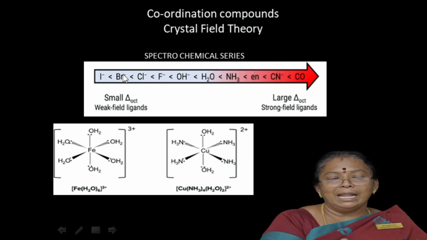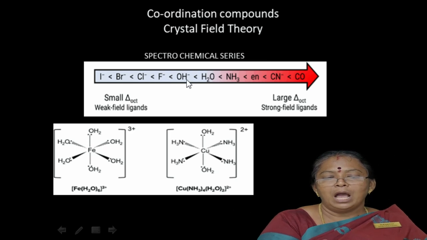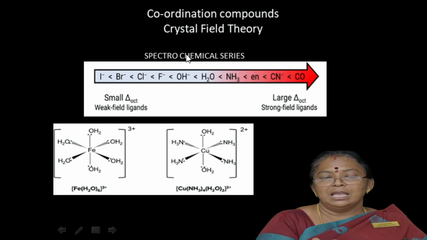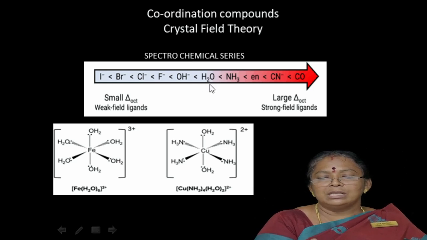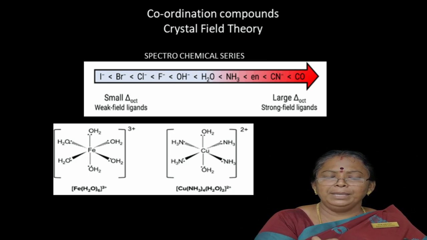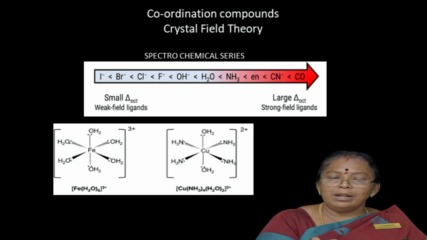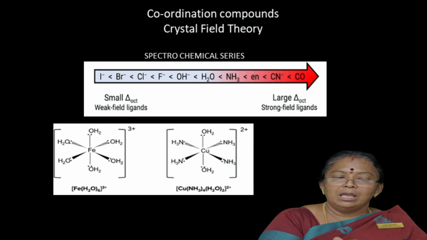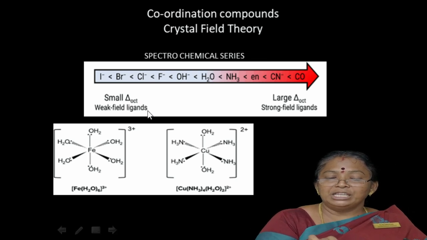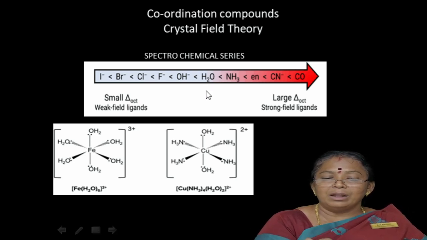Halide compounds, that means iodide, bromide, chloride, fluoride, up to OH, are all considered weak field ligands. Water is a neutral ligand. Sometimes it behaves as a strong ligand when mixed with weak field ligands, and sometimes as a weak ligand when compared with strong field ligands.